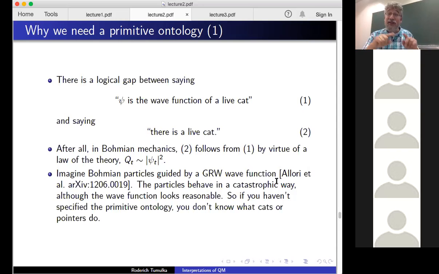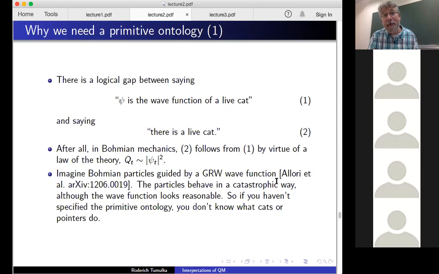If the actual configuration is psi-square distributed and psi is concentrated on the configurations of live cats, then the actual configuration will be the configuration of a live cat, at least with probability very close to 1. So we have used a law of the theory in order to go from the wave function to an actual live cat. That could give you the impression that you need to use some law of the theory to actually obtain things like cats.